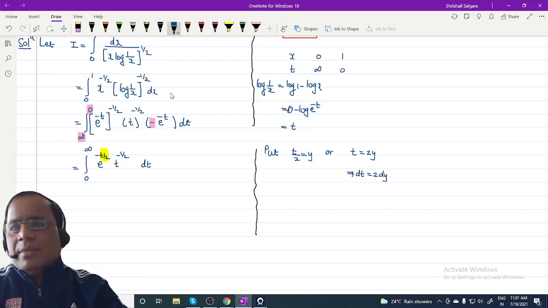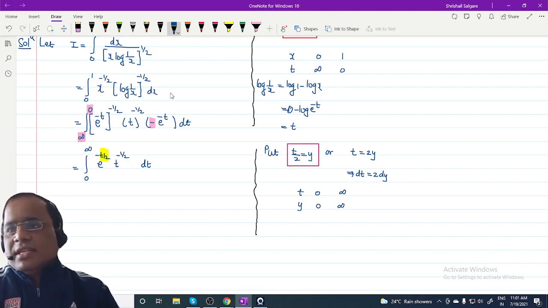Now limits. For t, limits given as 0 to infinity, what about y? When t is equal to 0, obviously y is also 0. When t is equal to infinity, obviously y is infinity.